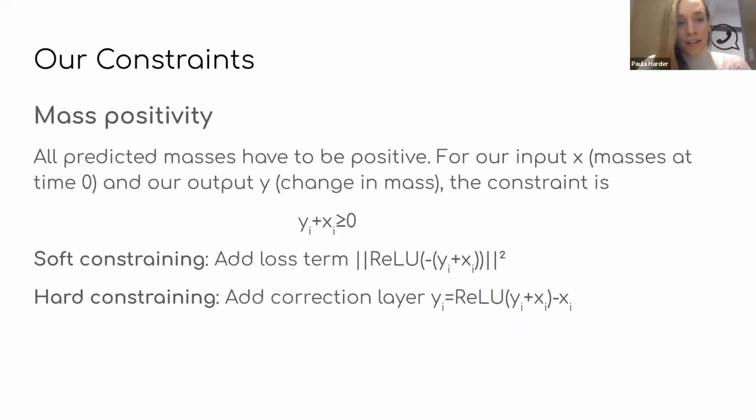So for the positivity, it's fairly easy. It could be even easier, but because we predict the change, not the full value, we need to add it up to the input again and then enforce that to be positive. So you can add a loss term with a ReLU, but you have to add the input x to the output y, or also add a ReLU layer with the sum.